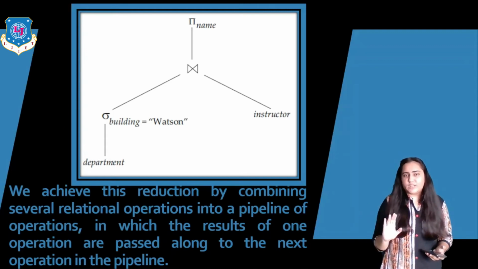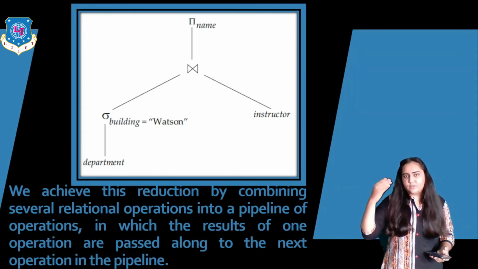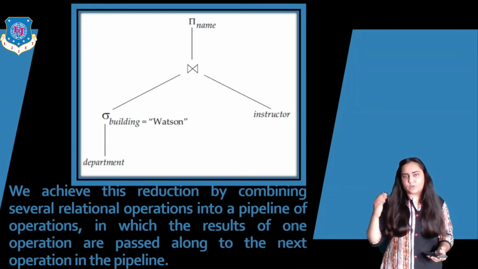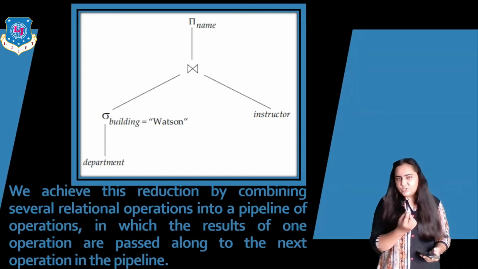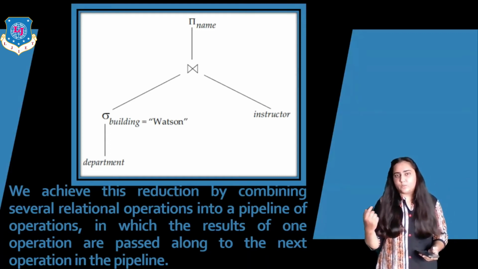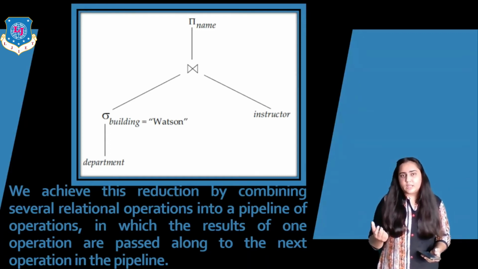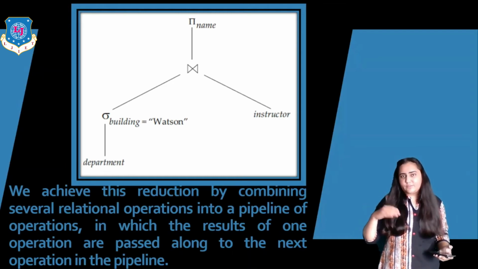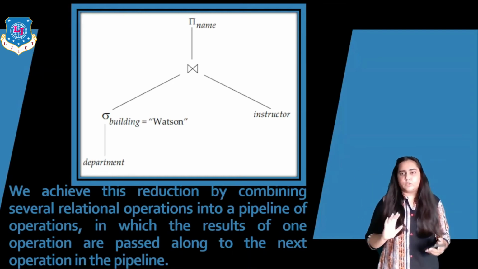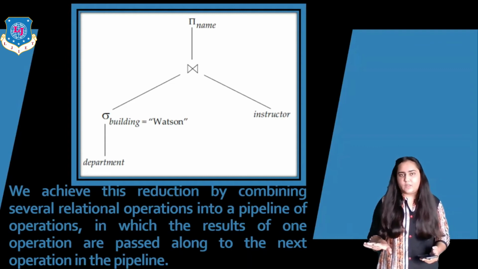You are not going to evaluate the entire department table. That one row will be passing through the sigma operation, which is right on top. With that sigma operation, we will just check if that row contains building Watson or not. And if it doesn't, then you don't have to proceed further in the pipeline. You can just drop that row right there.